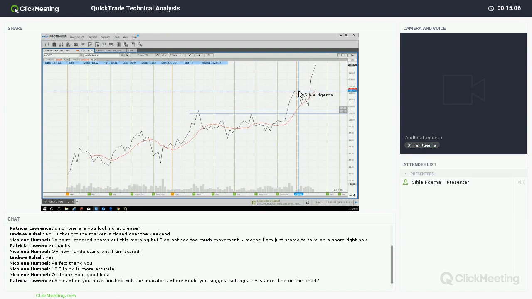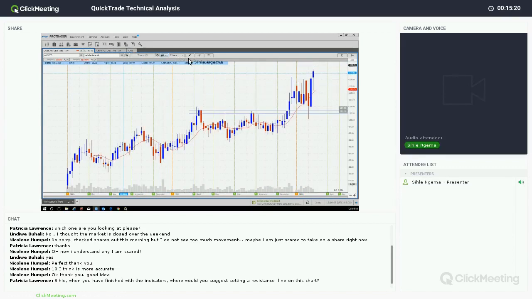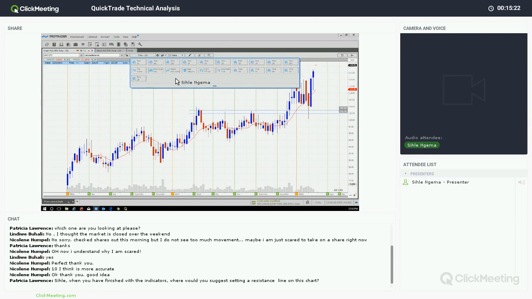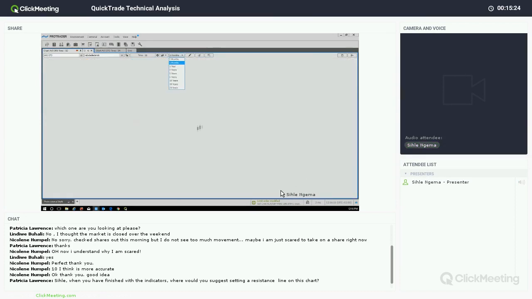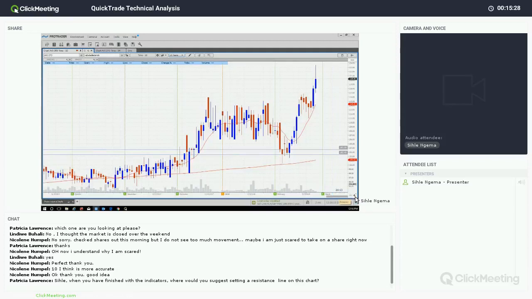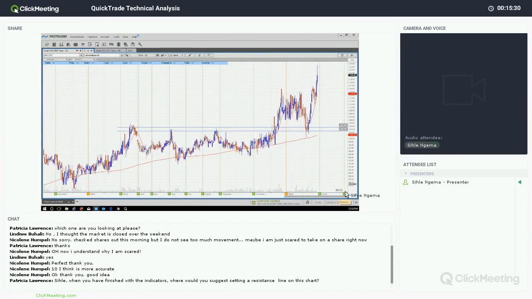But as soon as the price went above that 110.79 area, that area became support. So there is no resistance there anymore.